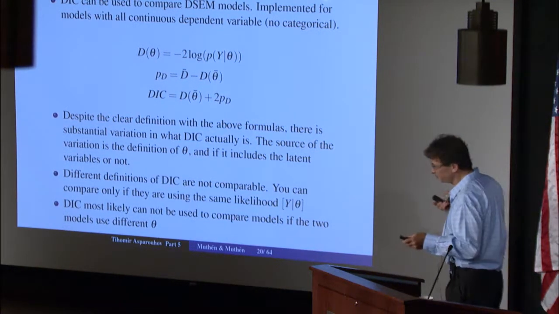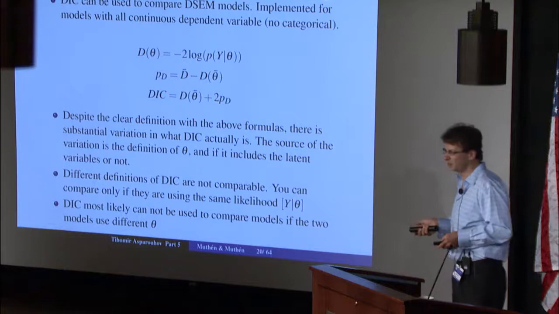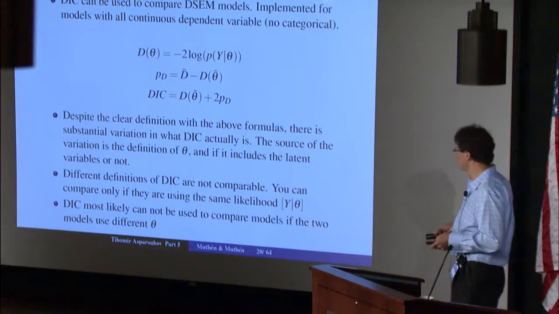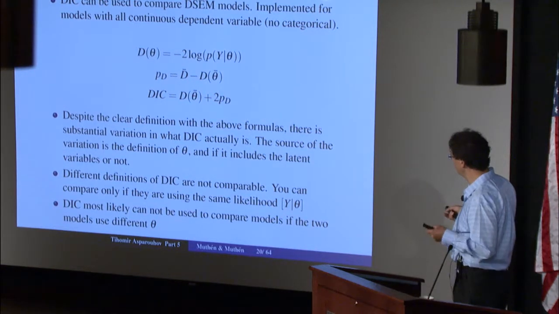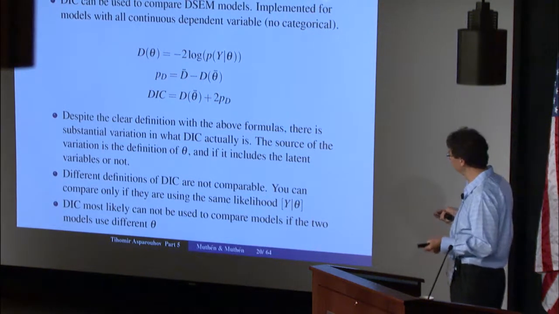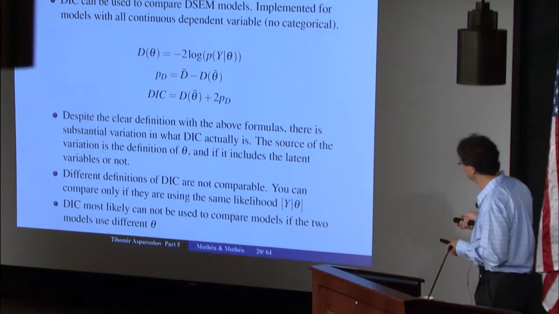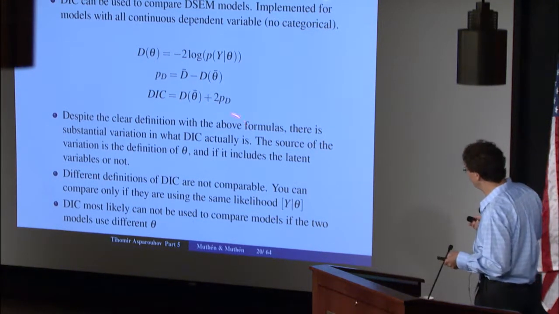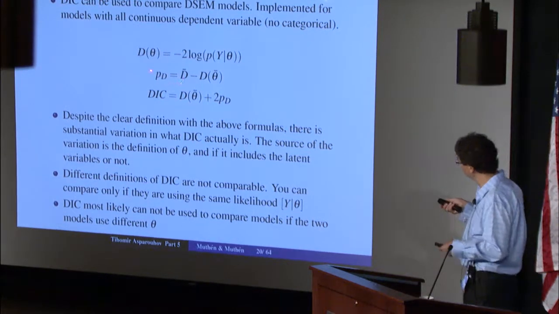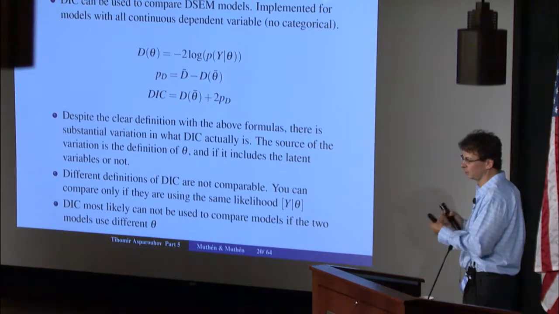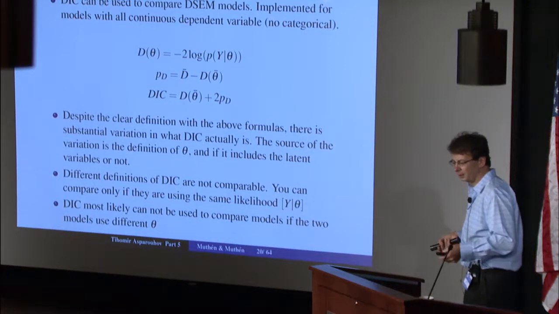Despite this simple and clear definition of the DIC, the DIC is a little tricky to use. That applies not just to DSEM models, but also to two-level models and other models. The reason it's tricky is that it's not very clear what people use for theta. What is actually considered a non-parameter in this model?